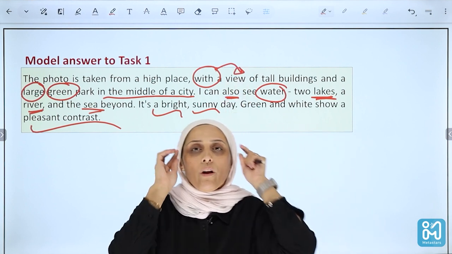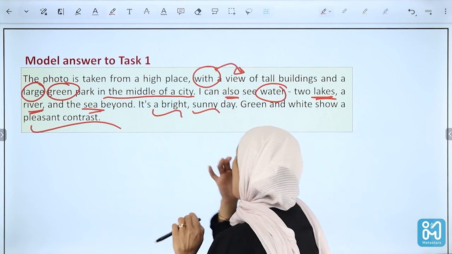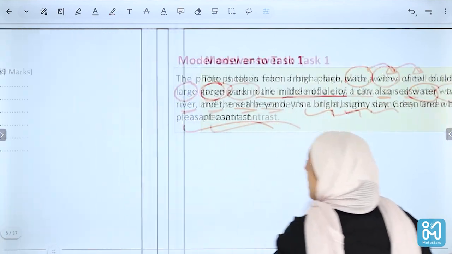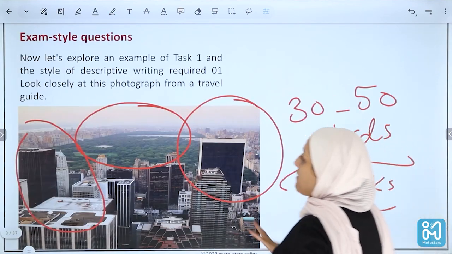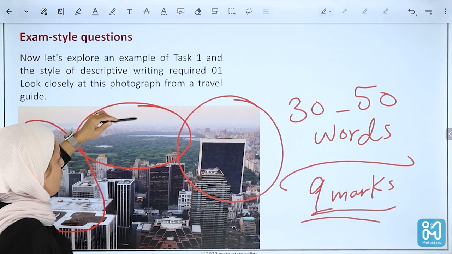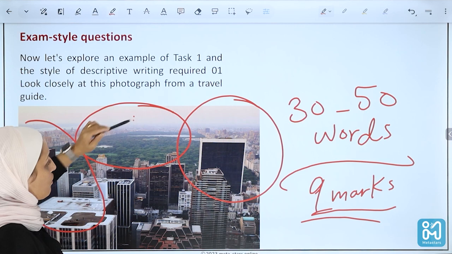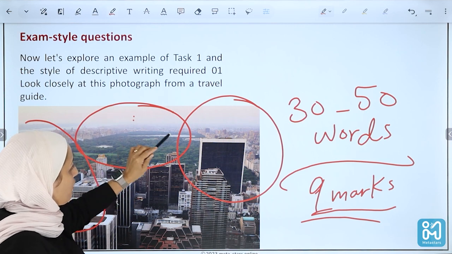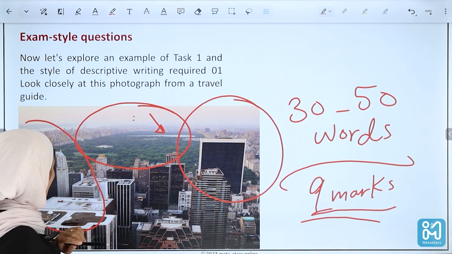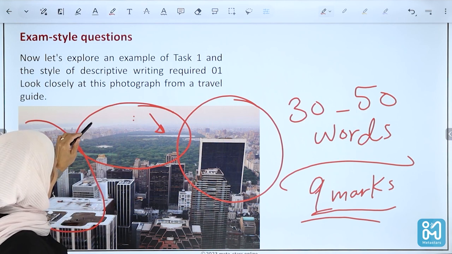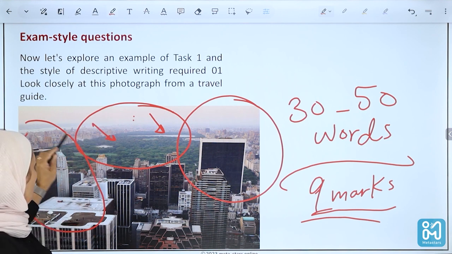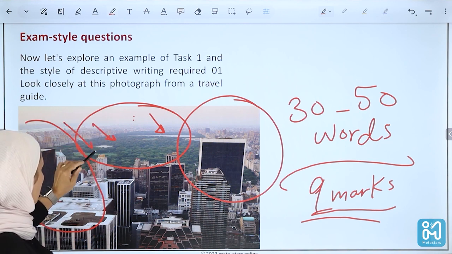So when I describe the photo card, it's all about talking about the white to show the contrast, and then I talked about the water that I have. See here, I have a river and 2 lakes.